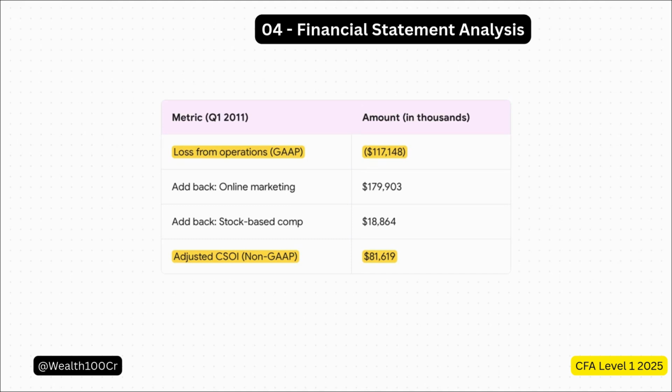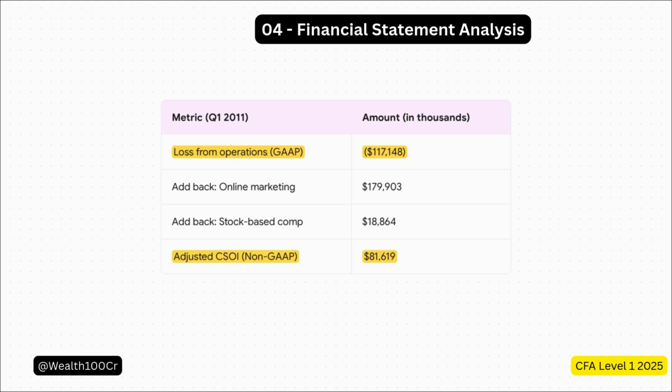Just look at this. According to the official rules, GAAP, they had an operating loss of over $117 million. But they presented this non-GAAP metric they invented called adjusted CSOI. So how did they magically get to a positive $81 million? Simple. They just added back all their online marketing expenses, claiming they were a one-time cost.